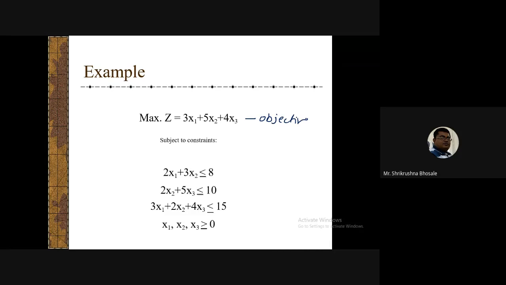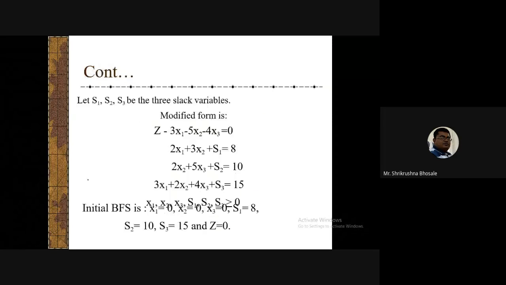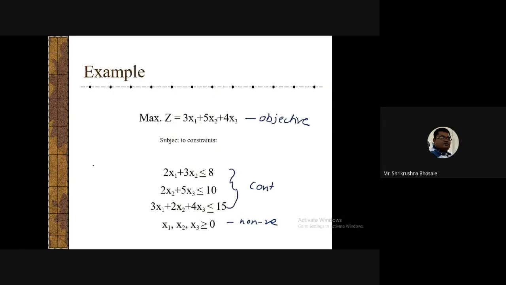This is the objective. These three are the constraints, and this is the non-negativity. So how will the equations be? I will give you the prepared equations, then you have to solve it.